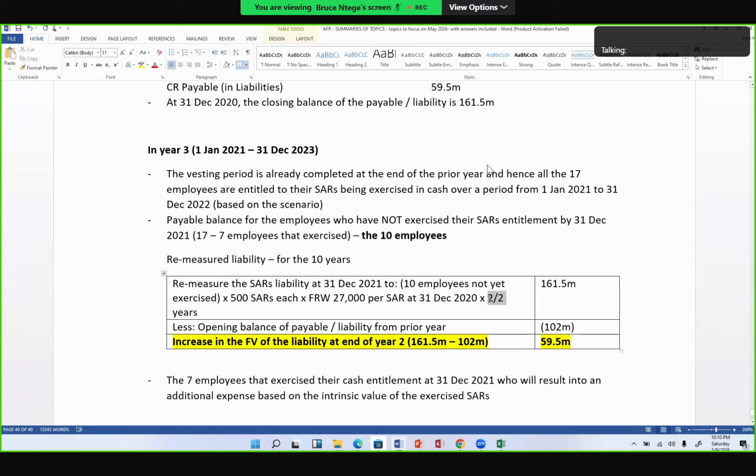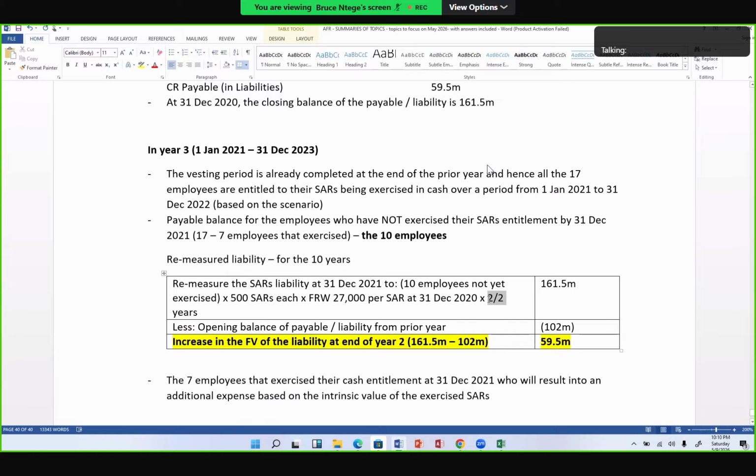Yet the opening balance of the payable from the prior year had been 161.5. So by the end of the prior year, the closing liability was 161.5, which was the liability last year. So do you see that this time around we have a decrease in the liability?